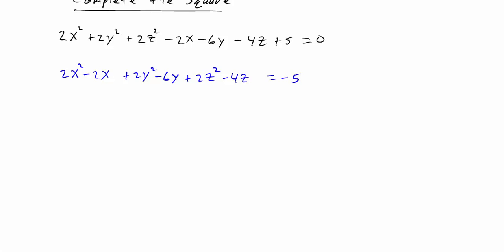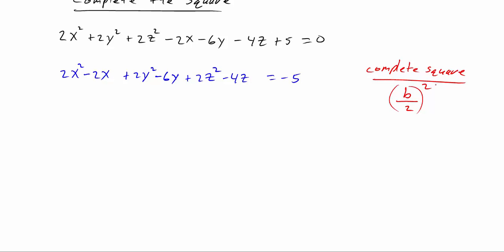So now, we need to recall, how do we complete the square? Well, that's where we're going to take our b value, divide it by 2, and then we're going to square that amount. And remember, the b value is the coefficient of the x.